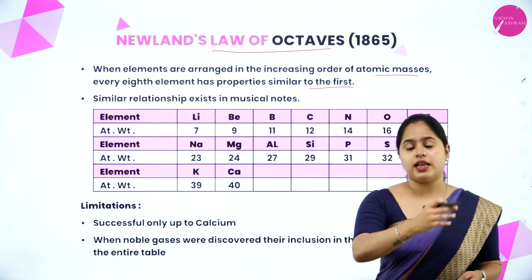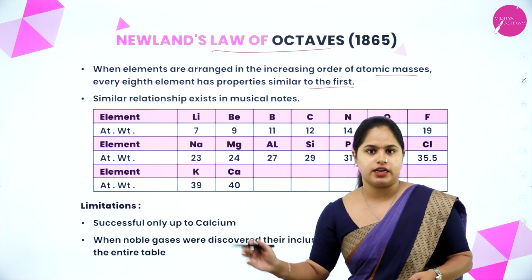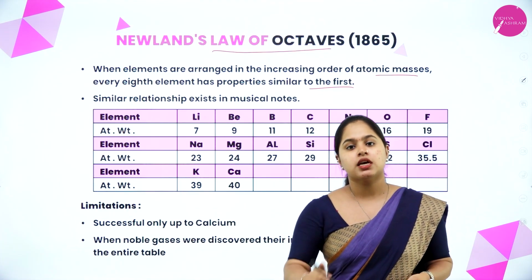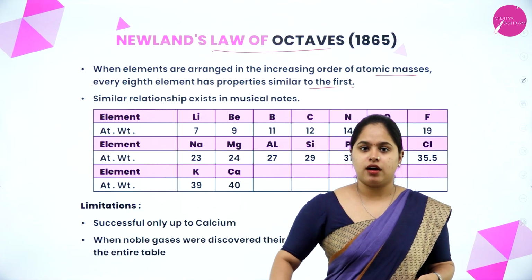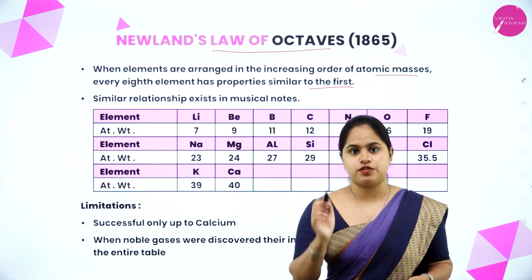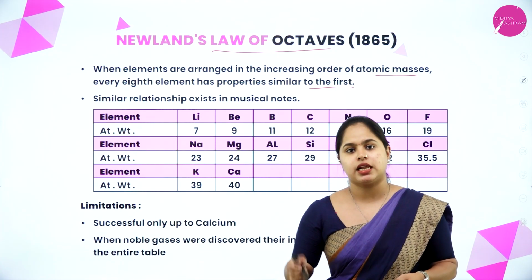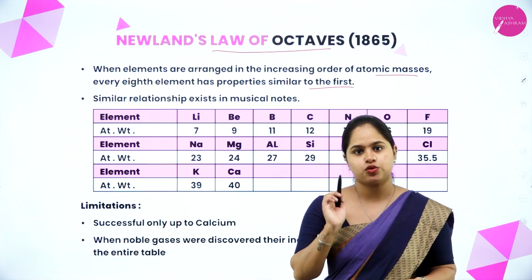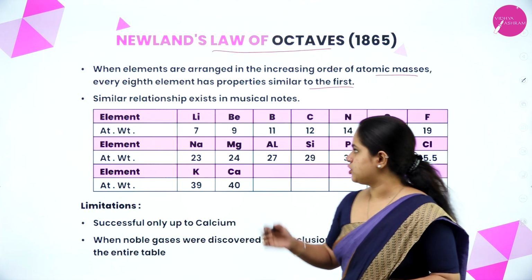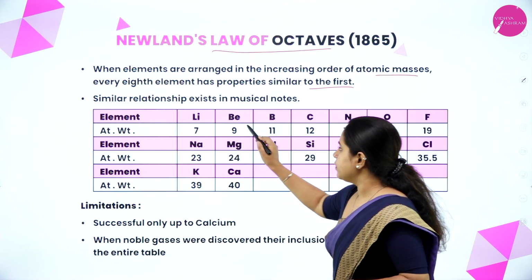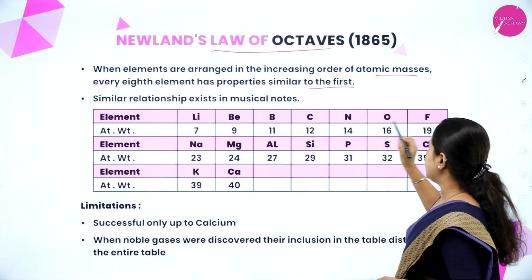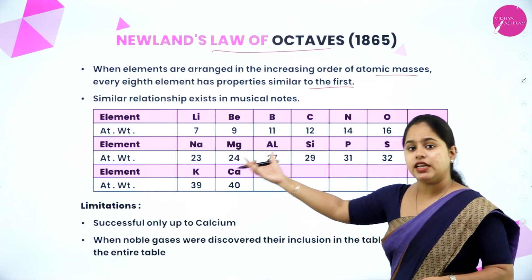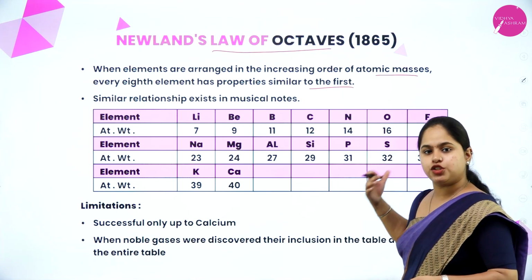In the same way, if the elements are arranged in the increasing order of their atomic masses, what happens? The first element will have properties similar to that of the 8th element. Again, the next 8th element will have properties similar to that of the respective first element. As you can see here, lithium, beryllium, boron, carbon, nitrogen, oxygen and fluorine, the 7 elements in the increasing order of their atomic masses.